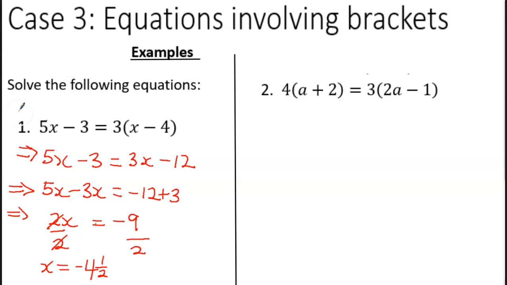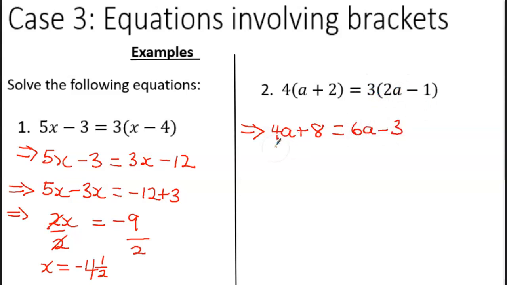Let's look at the second question. We have 4 times (a plus 2) is equal to 3 times (2a minus 1). As I said, you open the bracket. So 4 times a, 4a, 4 times 2, 8, is equal to 3 times 2a, 6a, 3 times minus 1, minus 3.